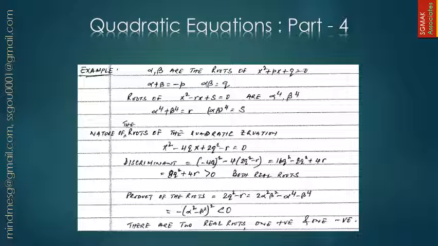But what about the product of the roots? The product of the roots is 2q squared minus r. If you substitute q in terms of alpha and beta, it is 2 alpha squared beta squared, and r equals alpha to the 4 plus beta to the 4.